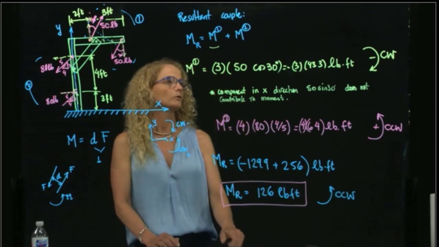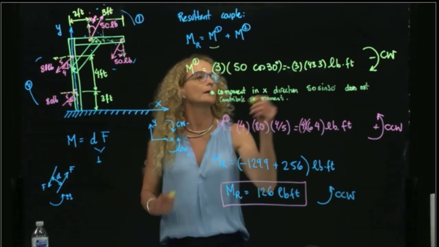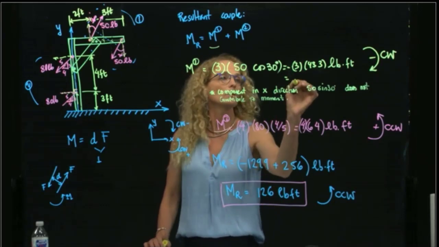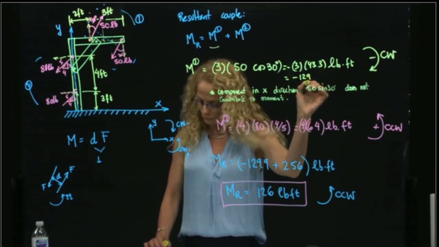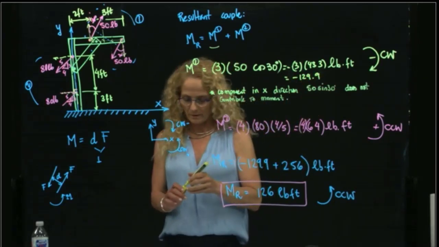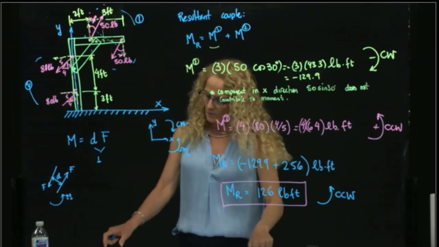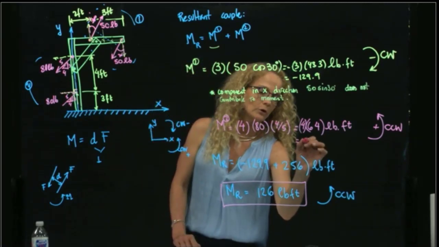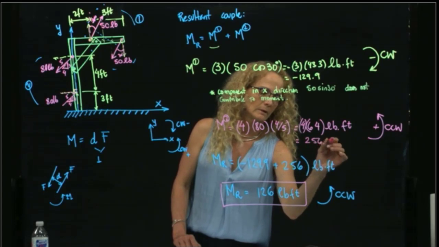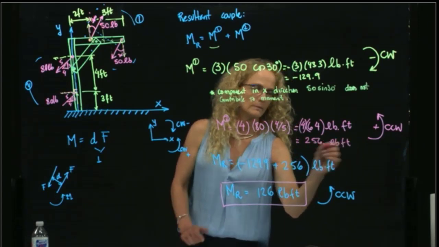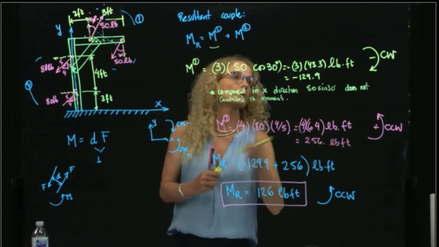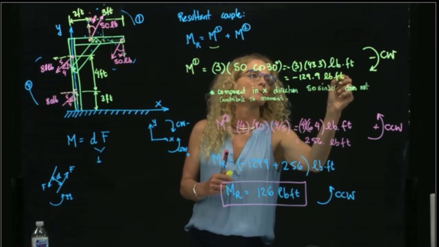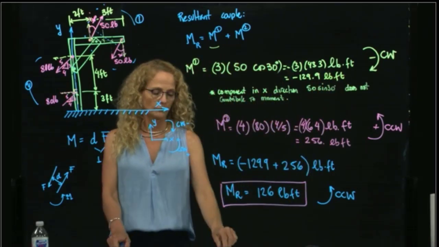This is the result of this moment. So this multiplication gave me a value of negative 129.9, and this multiplication gave me a value of 256 pounds per feet. And this is the solution of this problem.